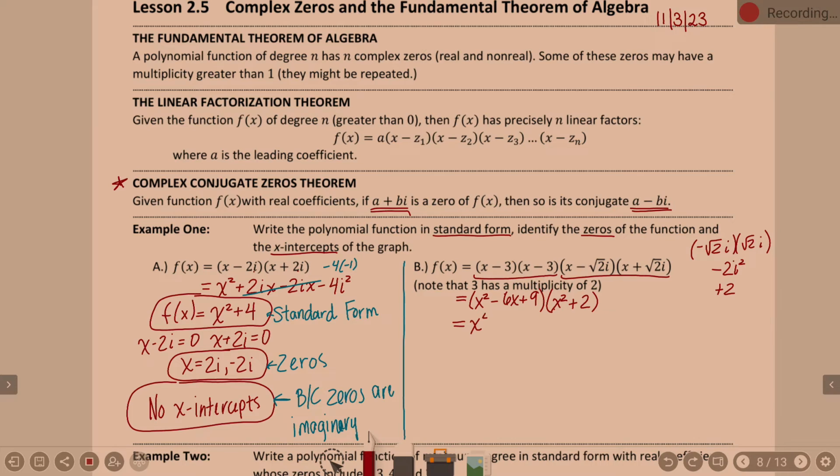So x squared times x squared is x to the 4th. x squared times minus 6x, minus 6x cubed. x squared times 9, 9x squared. And now I'm going to multiply everything in the first parentheses by 2. 2x squared minus 12x plus 18.